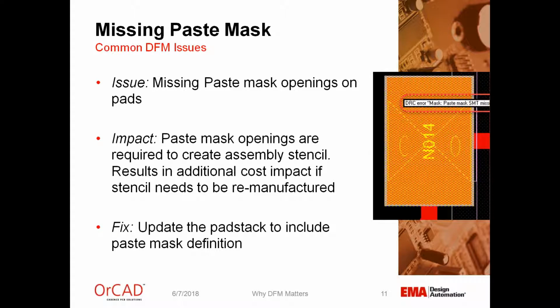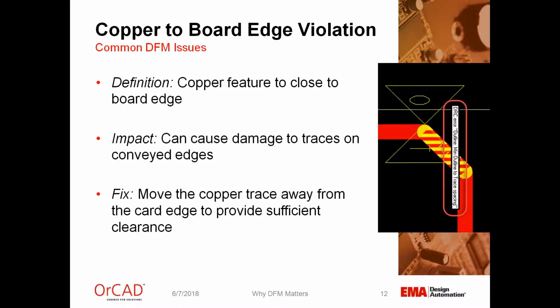And what happens is when it comes time to assemble the board, they realize, oh my gosh, there's no opening in the paste mask to apply solder to that solder paste. So that's going to require you to go back and have a new stencil made, again incurring another delay in your project. And it's a simple fix. It's just something we add in the pad stack.